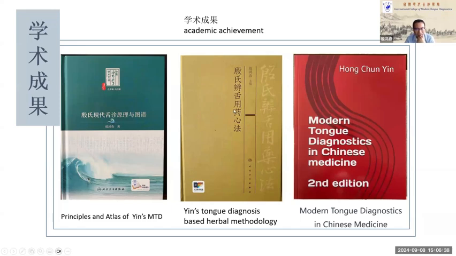This book is really similar to this English one, but the Chinese edition has an appendix of the herbal tongue corresponding chart.